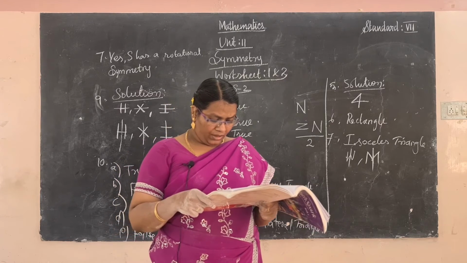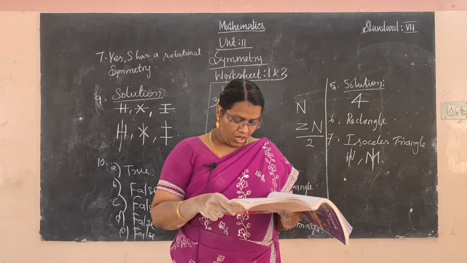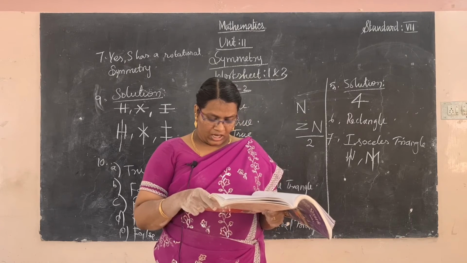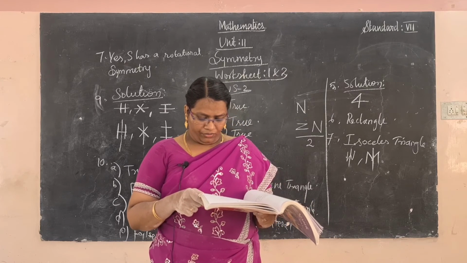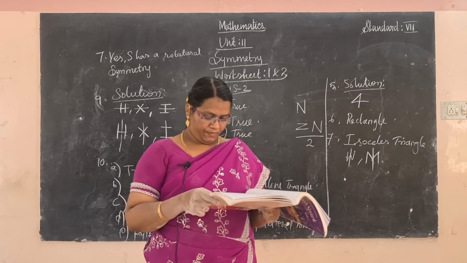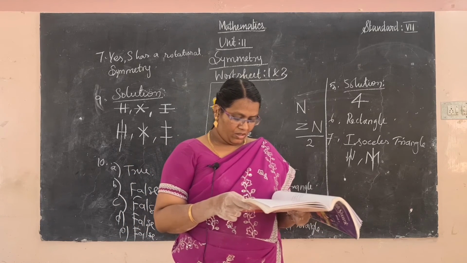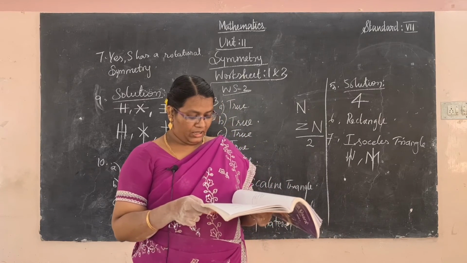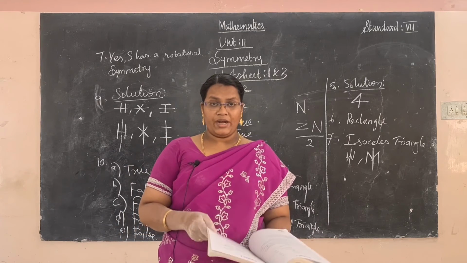And 10th one, name a triangle which has no line of symmetry and no rotational symmetry. So name a triangle, clearly it is asking. Which triangle?